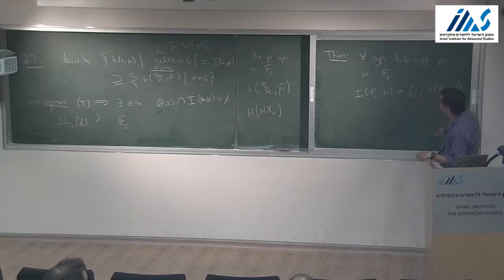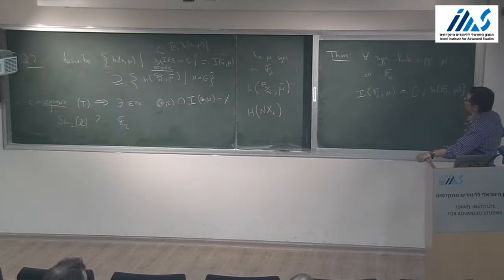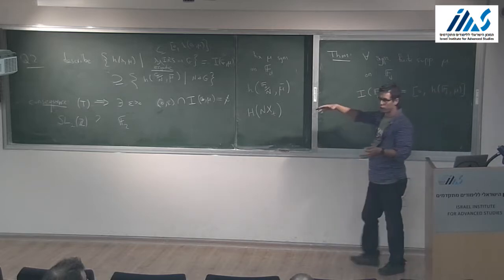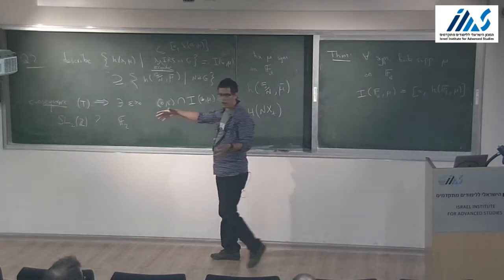Now, let me just make 2 comments about this theorem. So this was first considered by Lewis Bowen for the case where mu is the simple random walk on these generators and their inverses. So just basically looking at the 2D-regular tree and considering that.